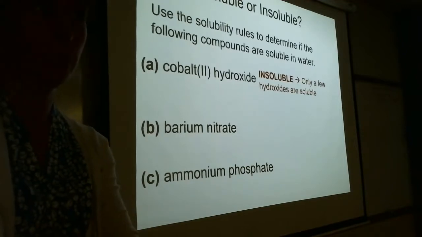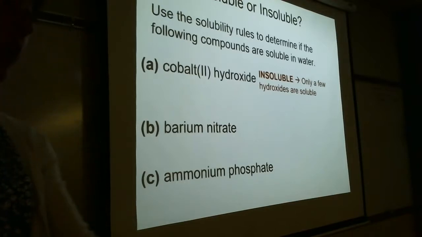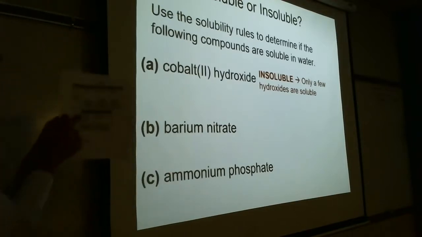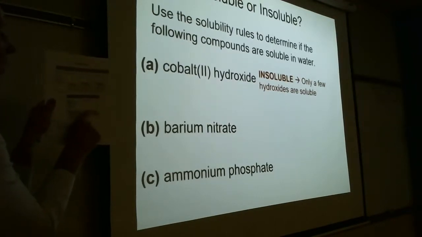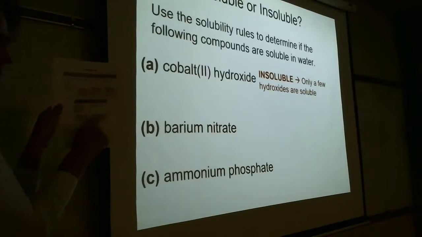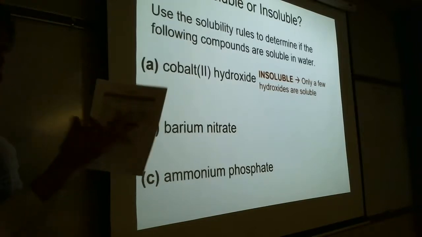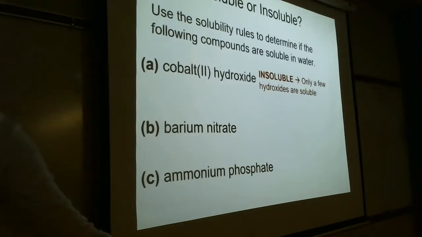Hydroxide, however, is. It's listed under the insoluble compounds. Most metal hydroxides and oxides are insoluble, with the exception of alkali metals, that's group 1. Cobalt is not in group 1. Barium, strontium. Cobalt isn't barium, cobalt isn't strontium, right? So therefore, this is an insoluble salt.